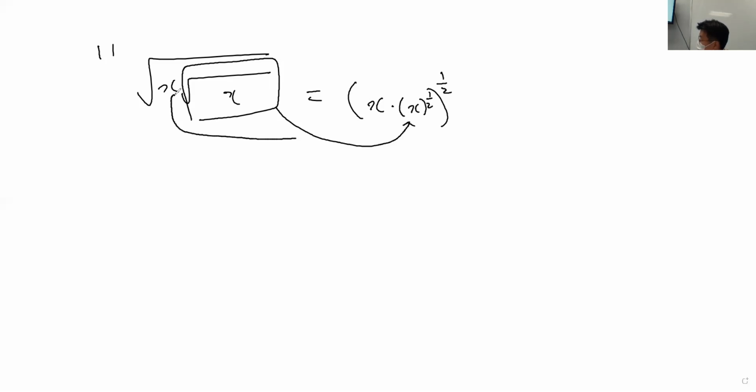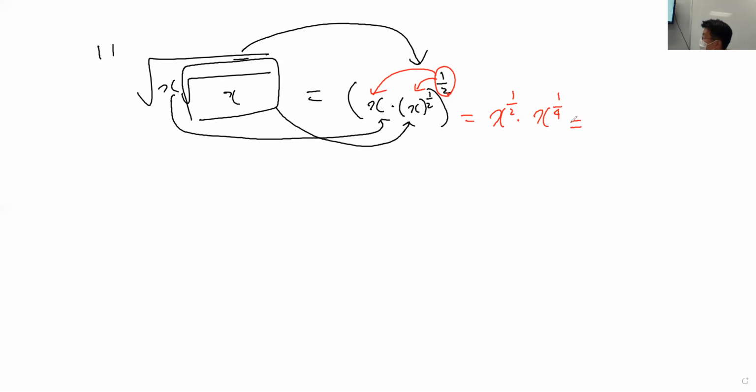This x goes here, and the outside radical goes 1/2. Then we distribute this 1/2 to each, or you can just add first, either is fine. So x to the 1/2 times x to the 1/4. And then you have to add these. x to the 1/2 plus 1/4 is 2/4 plus 1/4, 3/4. That's why a is 3/4.